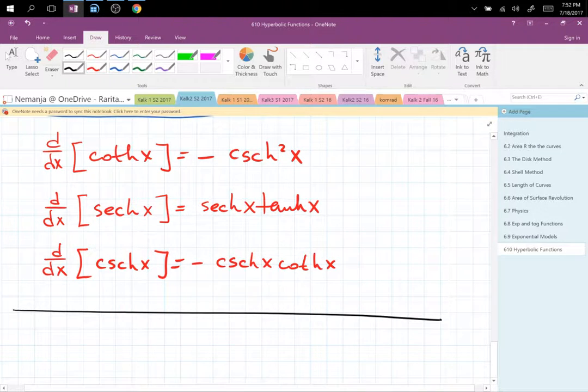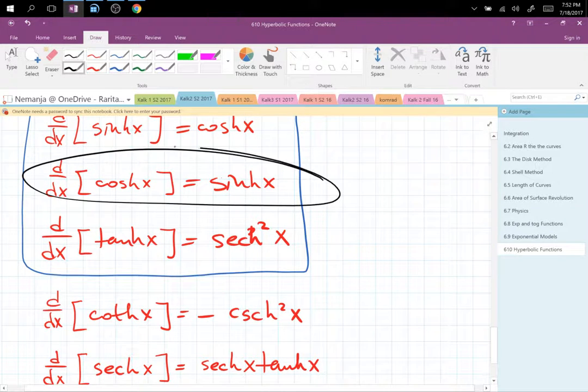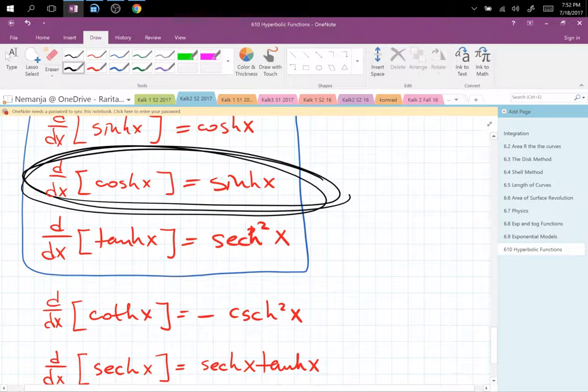Now all of the standard rules that you learned for product rule, quotient rule, chain rule, logarithmic differentiation, all of it applies here. I would like to present a quick exercise where you can prove that the minus sign does not appear in this formula like it does for trig.